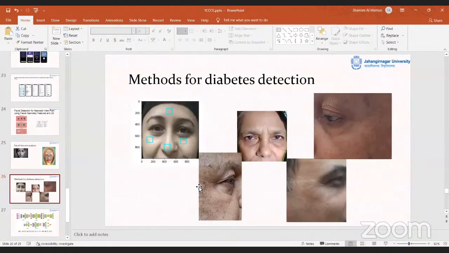We are at the very end of our presentation. I would like to show that for diabetes detection, if we closely analyze the features in those patch areas, you can find the color tone, the eyelashes and hair, and what kind of limbs are there.